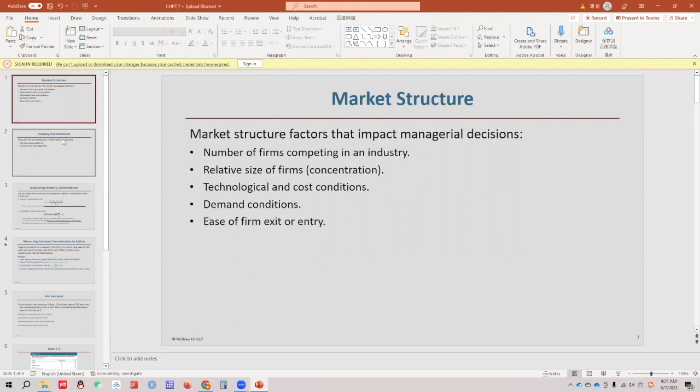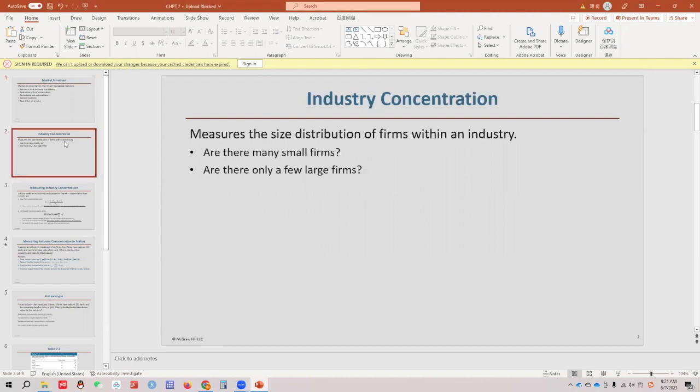So here it is. Industry concentration: in order to measure that, we need to measure the size distribution of firms within an industry. Namely, are there many small firms, or is the industry led by a few large firms? Talking about many small firms, you can think about gas stations, small gas stations, they're everywhere.